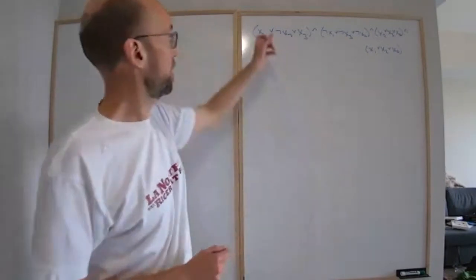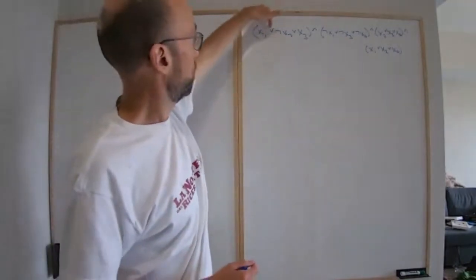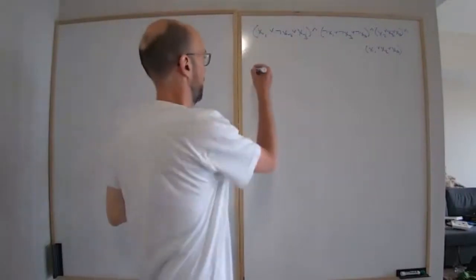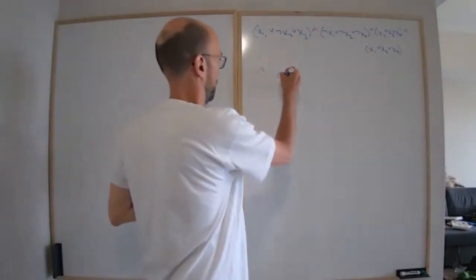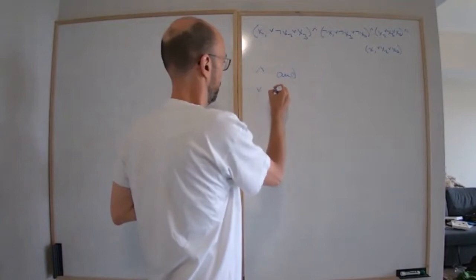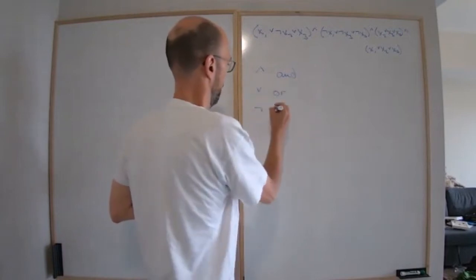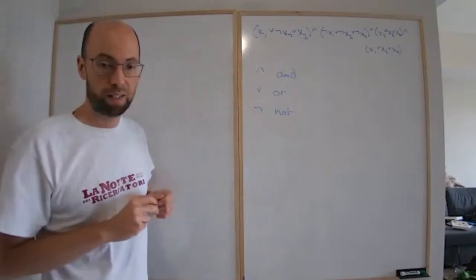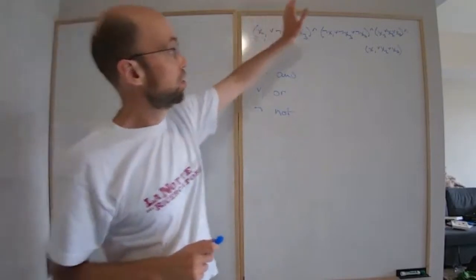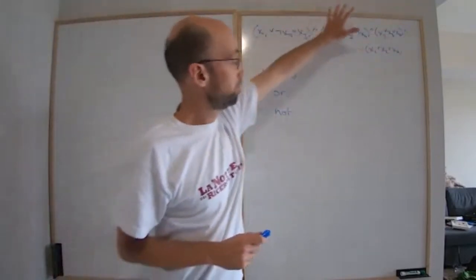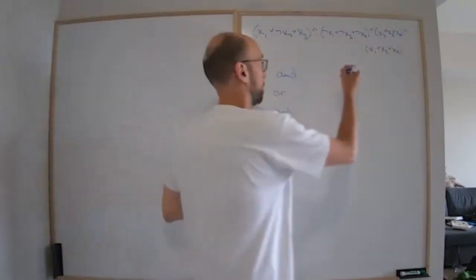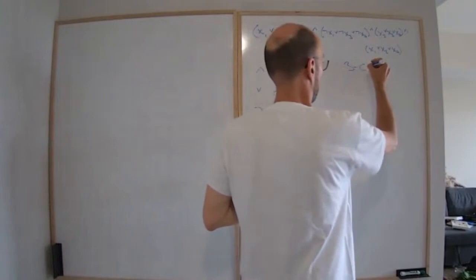So this is saying x1 or not x2, and, for people to know, this is and, this is or, and this is not. So this form is 3CNF, 3 conjunctive normal form.